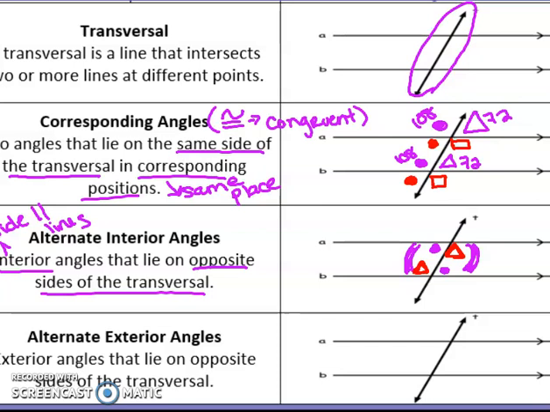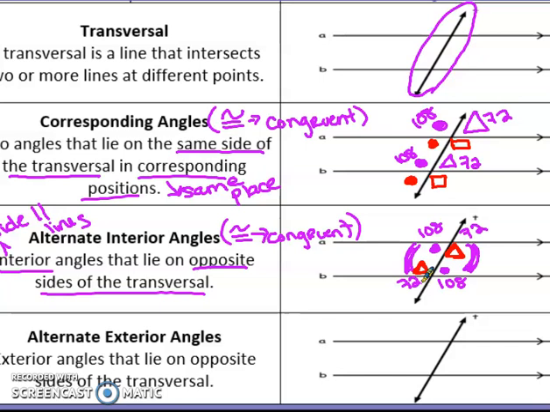We only are going to have 2 sets of alternate interior angles in 2 parallel lines. Alternate interior angles are also congruent to each other. So, if my circle is 108, my bottom circle is 108. If this triangle is 72, this triangle is 72.